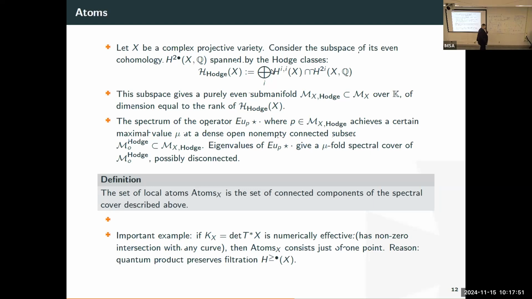So the maximum value of the spectrum is not an eigenvalue. Those are the critical values of the operator, and so there is a spectral covering, and that is given by the critical values of the quantum multiplication.